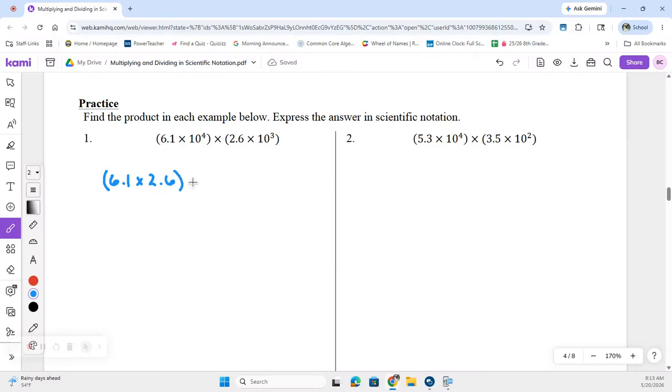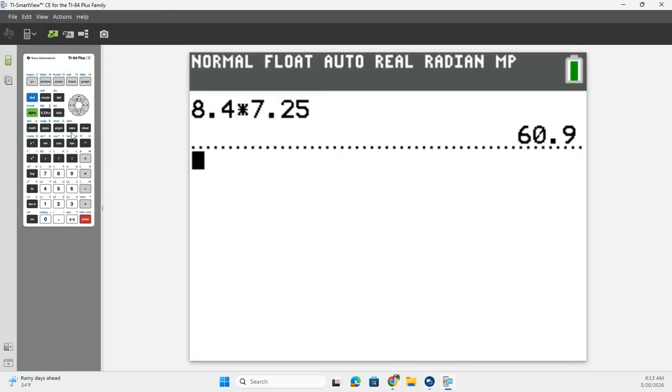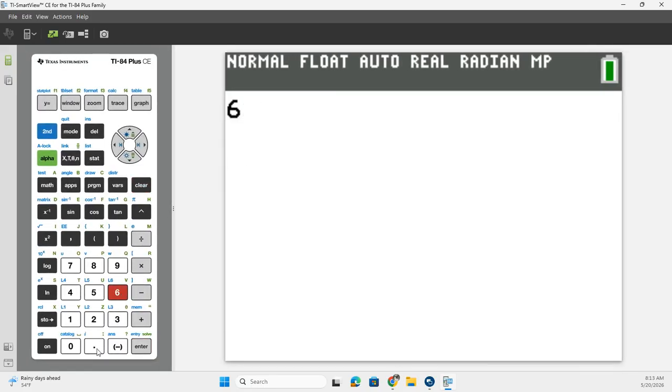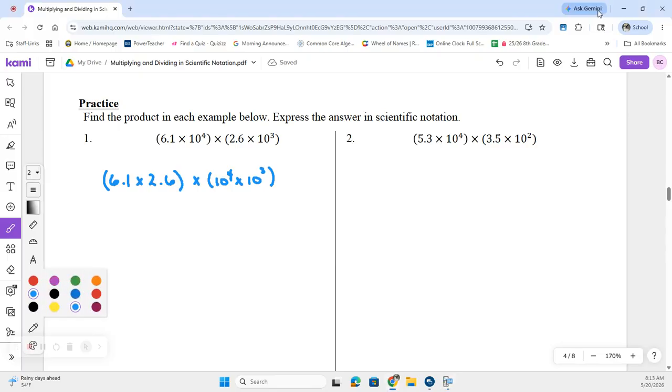We're going to multiply 6.1 times 2.6 and then 10 to the 4th times 10 to the 3rd. 6.1 times 2.6, 15.86.